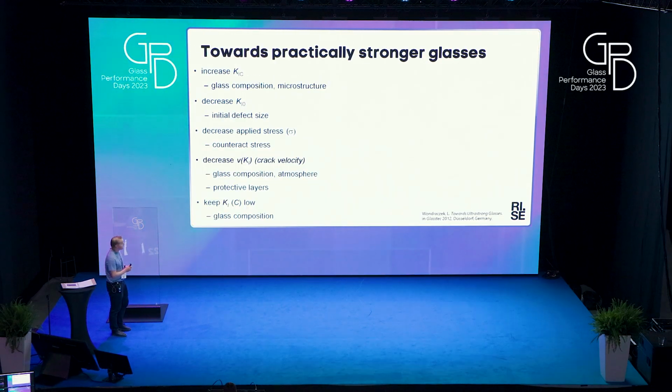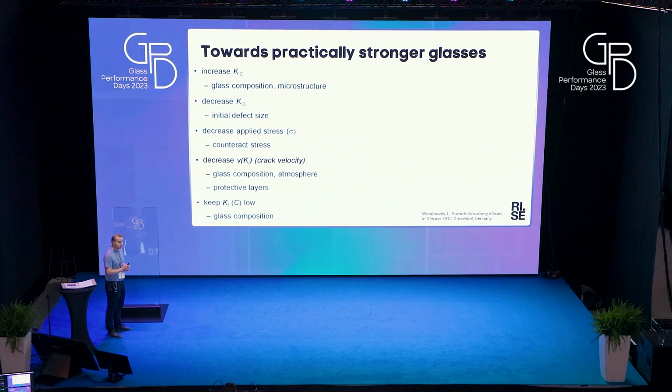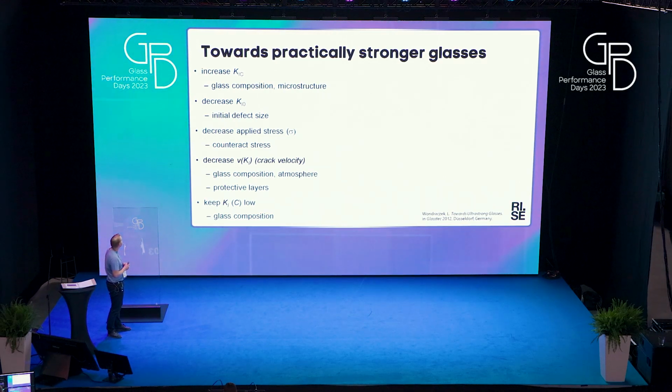So towards practically stronger glass then. And then we go down to these pieces in the equations. So we can increase the K1C, and that you can do with different glass composition or different microstructure in the glass. Or we can decrease the K10, that would mean initial defect size.